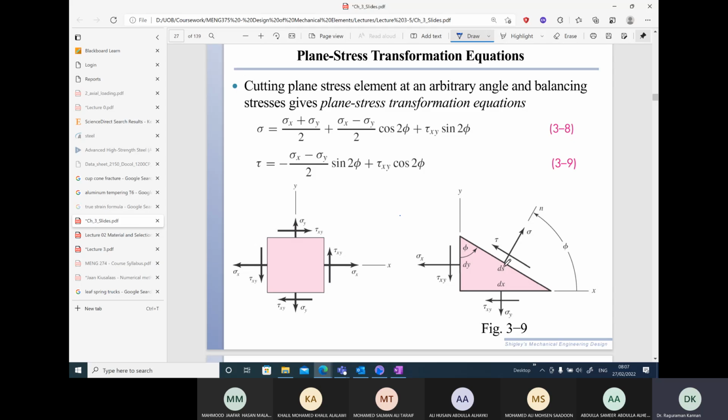This is the x prime direction, and 90 degrees to it is the y prime direction. How do I find it? This is the relationship for that. Here it is written with a single subscript, but this refers to your normal stress component sigma xx in the original coordinate axes, sigma yy, and then we have tau xy and the angle phi.